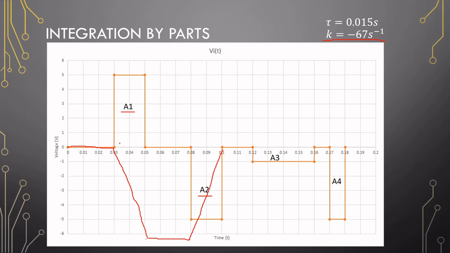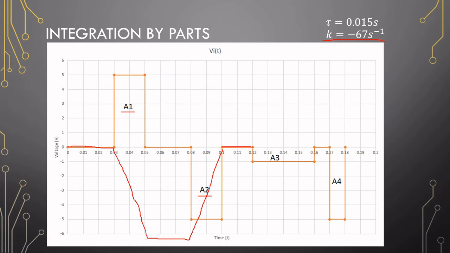So we have area increasing, so this graph becomes larger. Here nothing happens. And here we have this graph decreasing, so subtracting a bit of what we accumulated on this side, and it goes down.